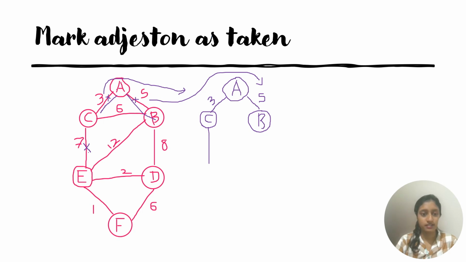Like mark adjacent as taken, and we should have to put the weight, and next node is E. Okay. Then B to D. No, we cannot take it because it is a high weight.